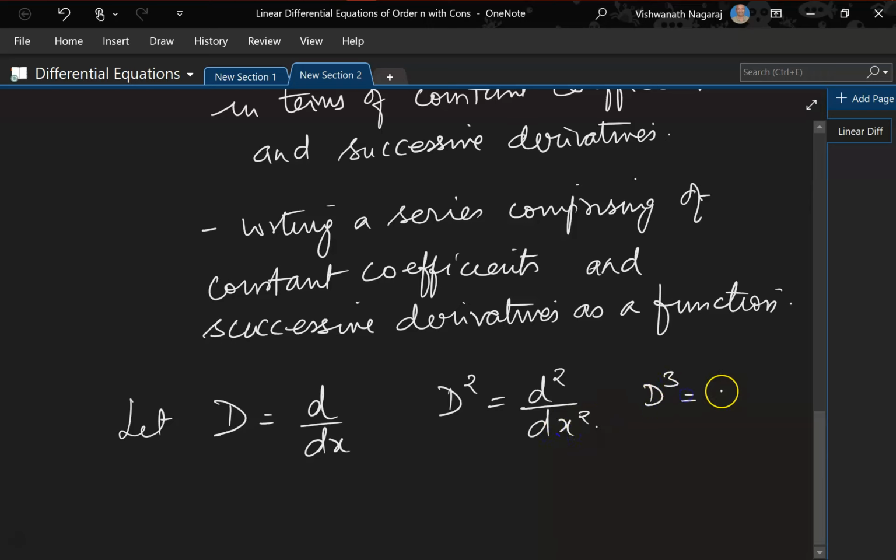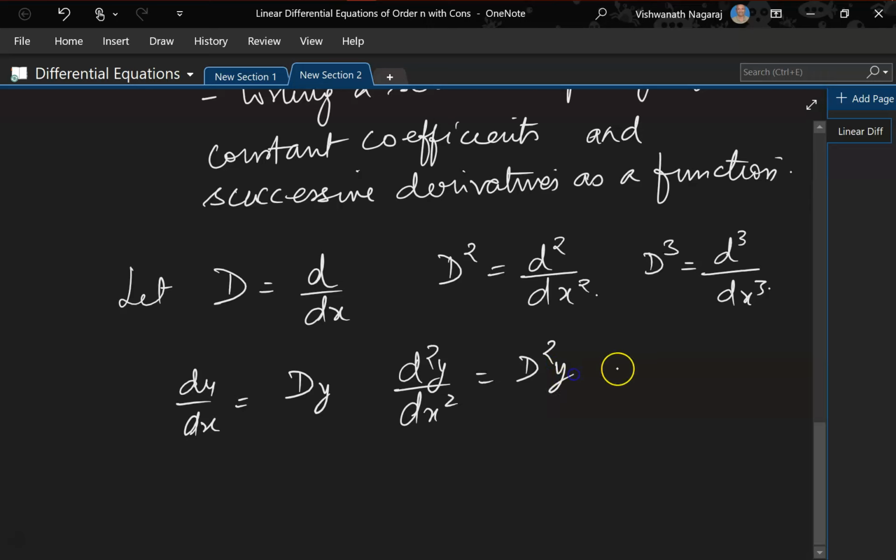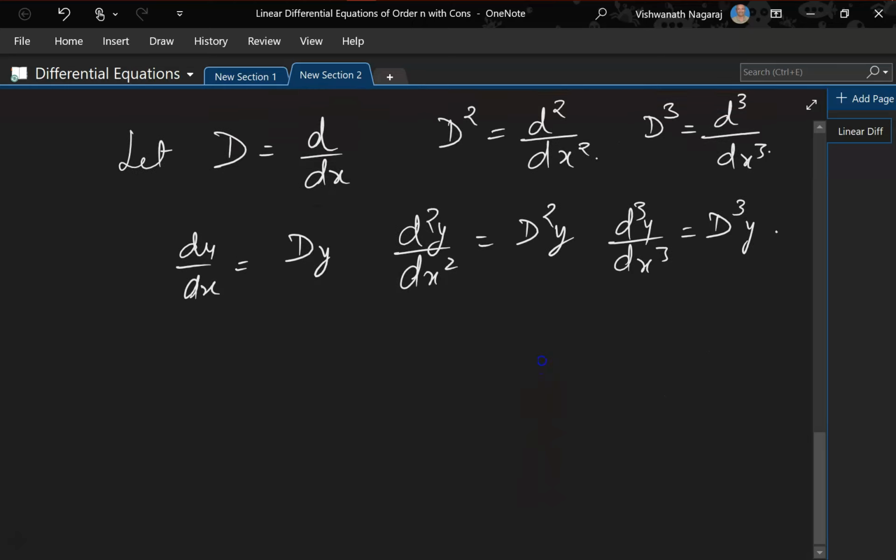Similarly, D cube we can use instead of the third derivative. So instead of writing dy by dx, we can say Dy. Instead of writing d square y by dx square, we can write D square y. Similarly, d cube y by dx cube, we can write as D cube y. Basically to simplify the writing.